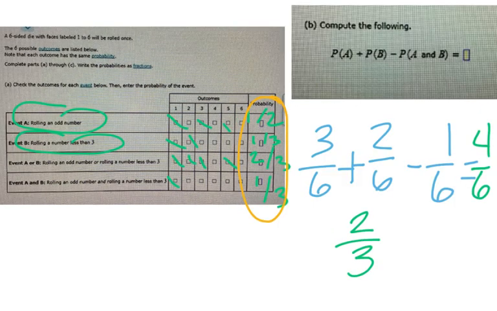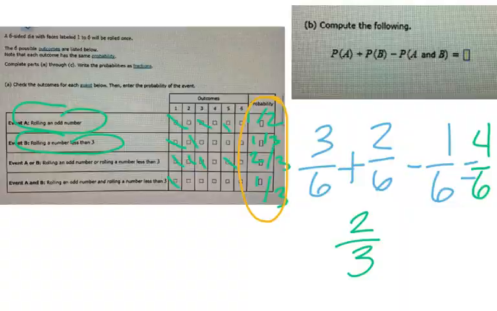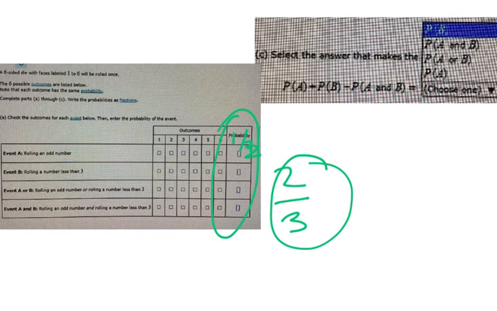The first one was 1/2. The second one was, let me go back here, 1/3. B was 1/3. A or B was our 2/3. And the last one, event A and B, was 1/6.